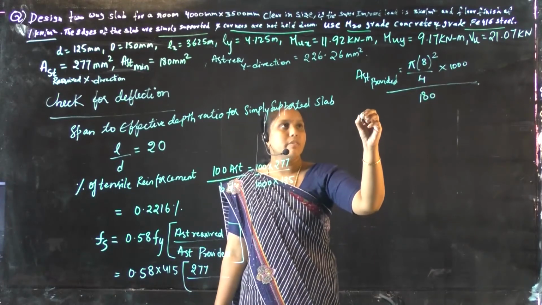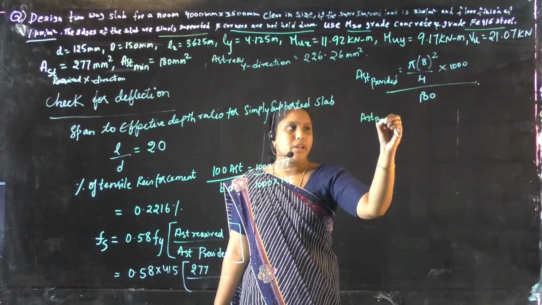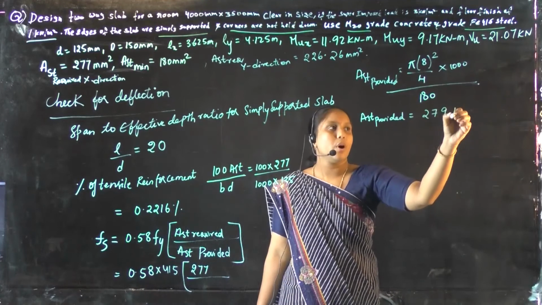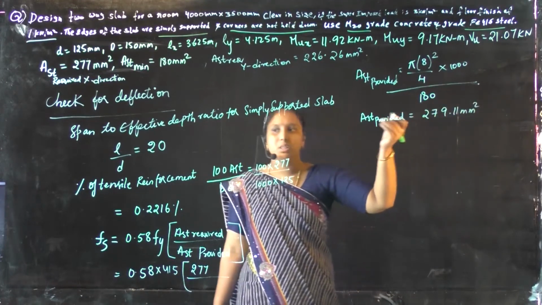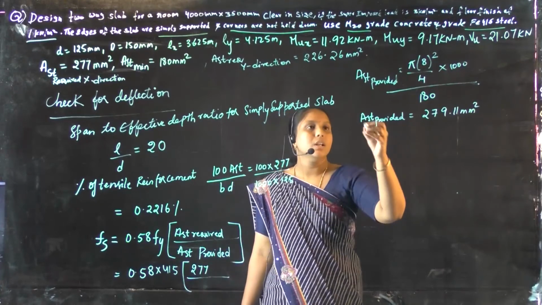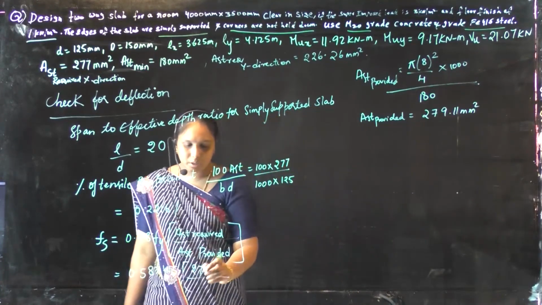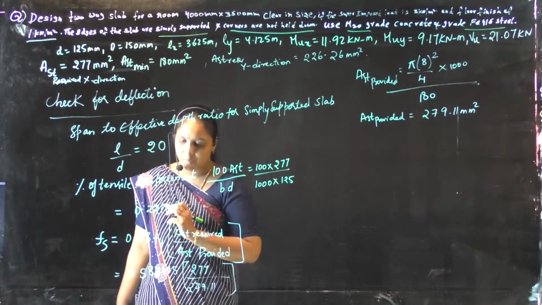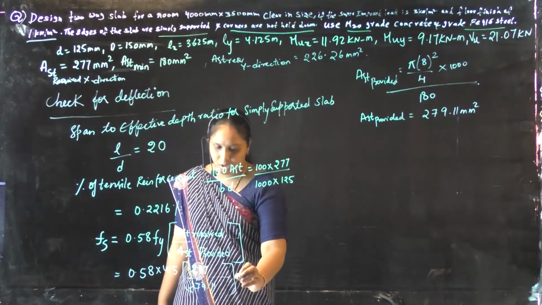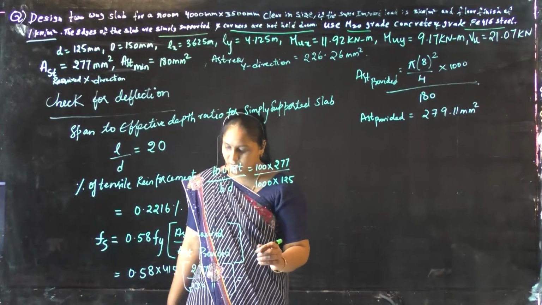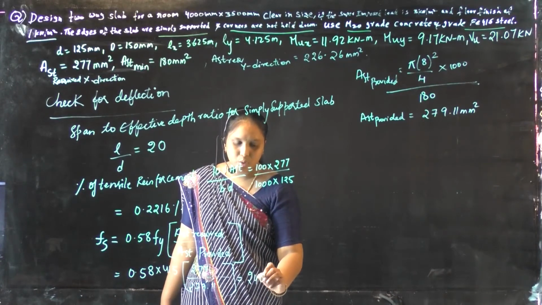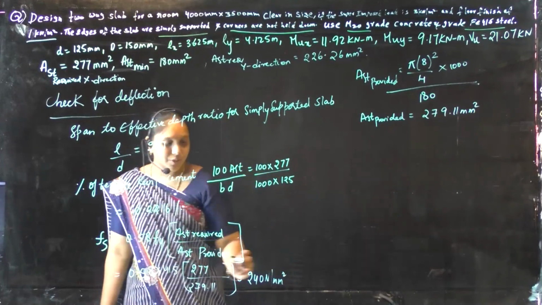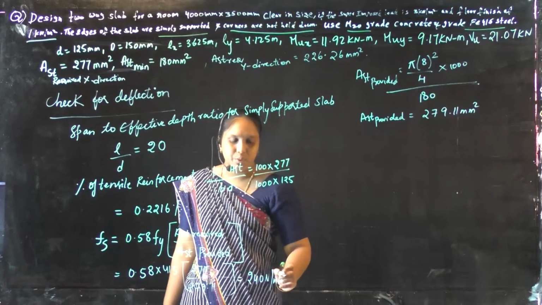From this we get the value of Ast provided, which is 279.11 mm square. Substituting that value here and solving, you'll get a value of Fs approximately equal to 240 Newton per mm square.